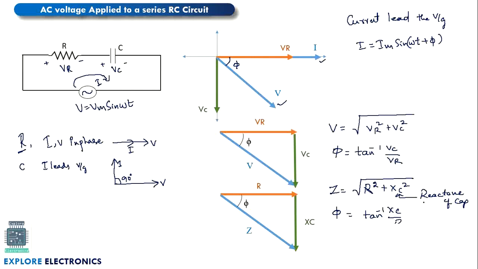Now we can get the expression for the average power. The average power is calculated by using the instantaneous power first. P instantaneous is equal to V into I. Here V is Vm sin omega t into Im sin(omega t plus phi), because here current is leading the voltage.